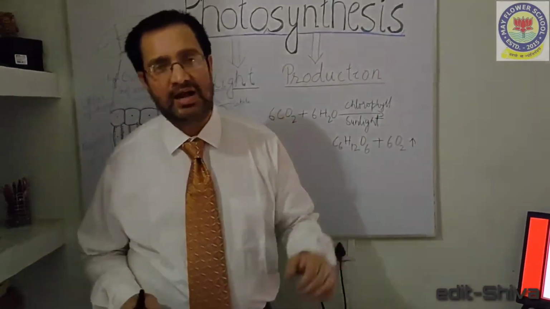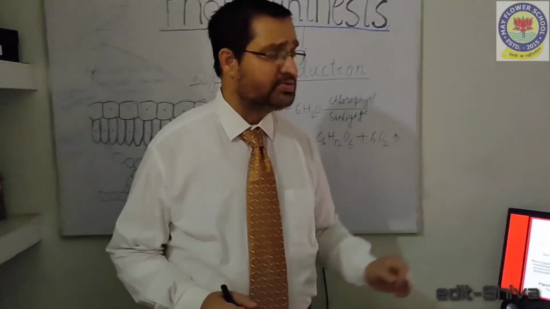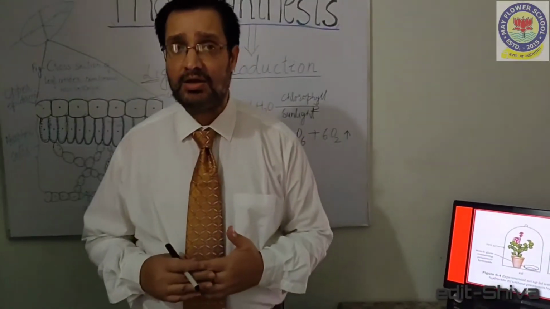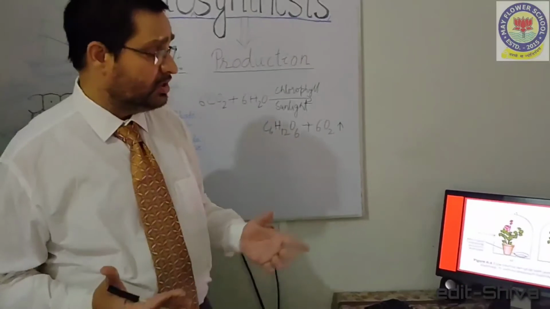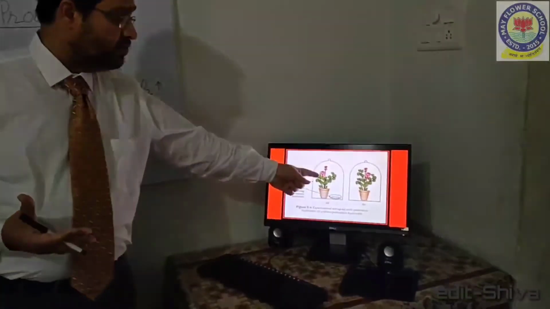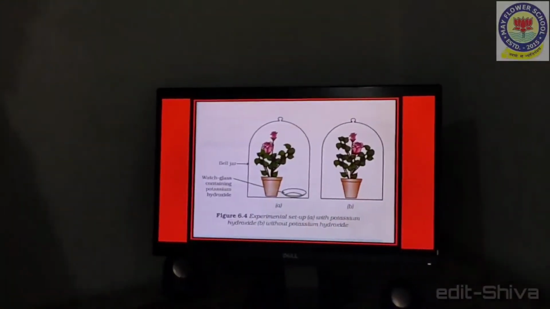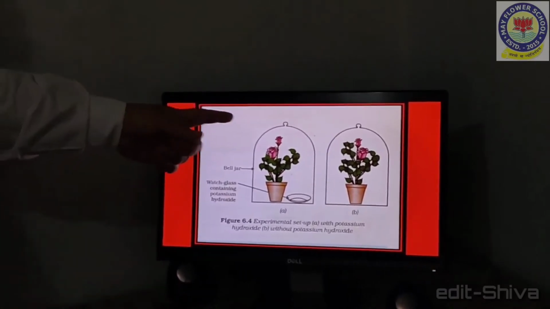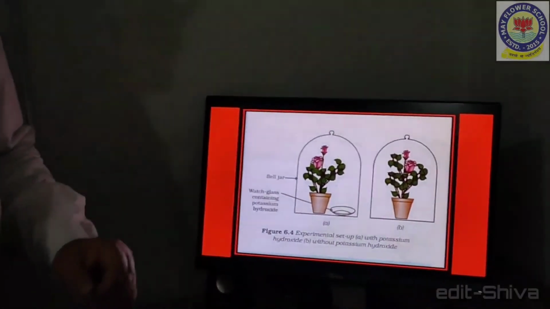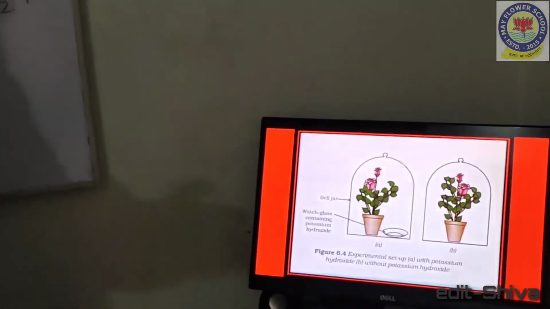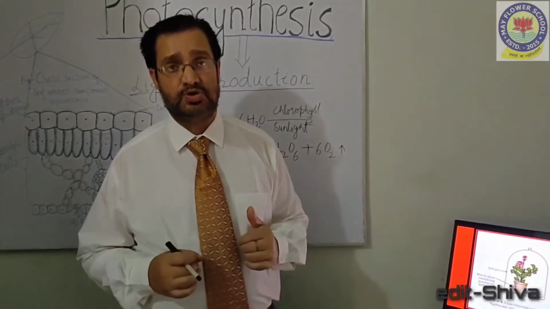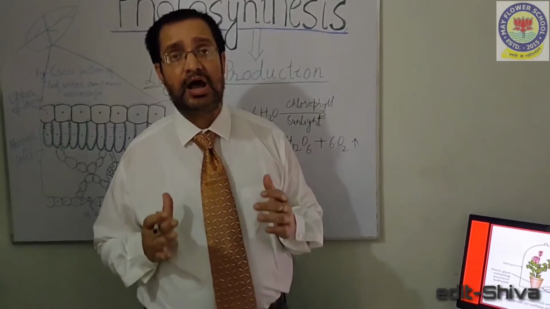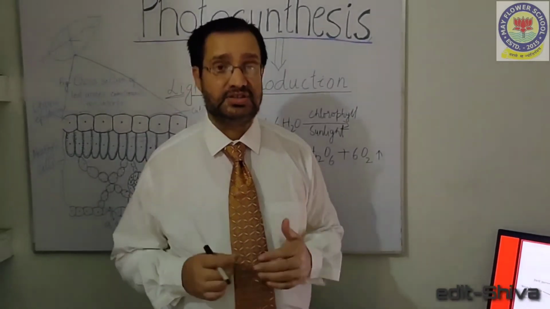It remains colorless, while the other leaf turns blue-black. Why? It is because one plant does not get carbon dioxide and the other plant gets carbon dioxide. This activity proves that carbon dioxide is essential for the process of photosynthesis.